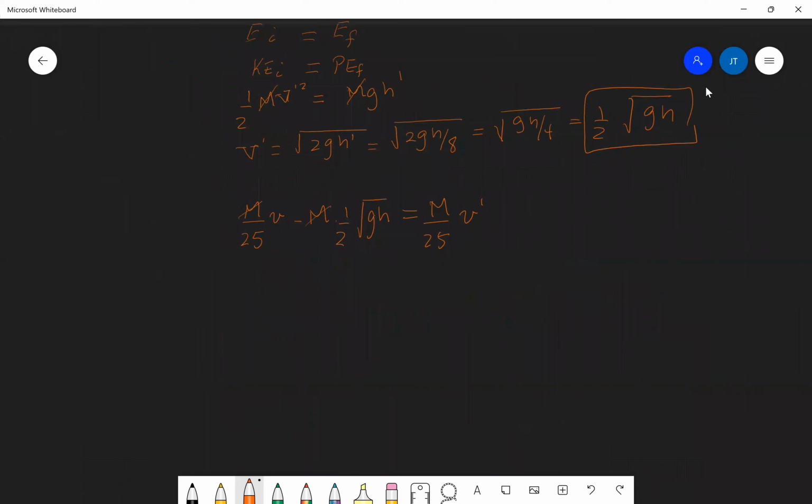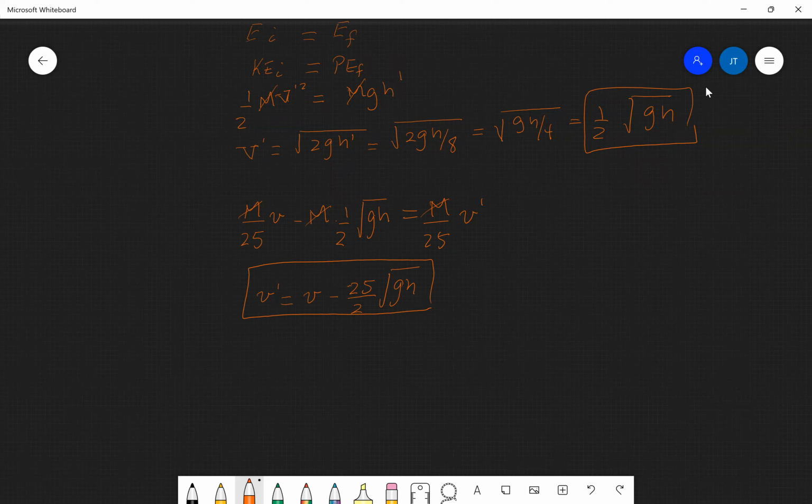Obviously, the m's cancel out. So I know what v prime is. I multiply by 25 throughout. So I have v prime equals v minus 25 over 2 square root of gh. And in a way, it's good because this tells us that the velocity upon exit is smaller than the velocity upon entrance, right? It's going to lose some velocity.